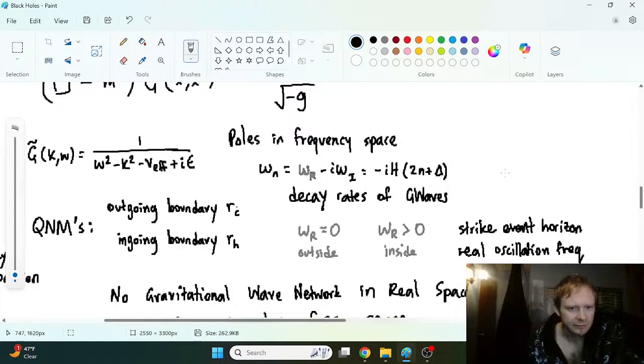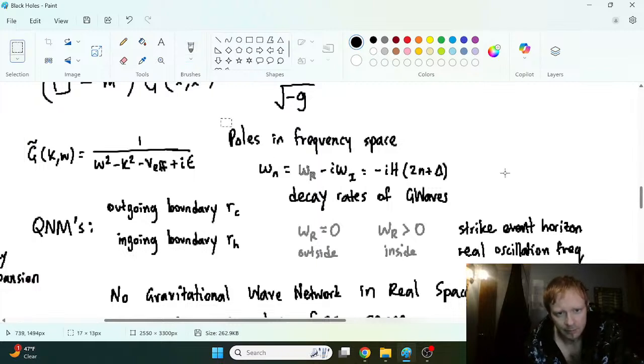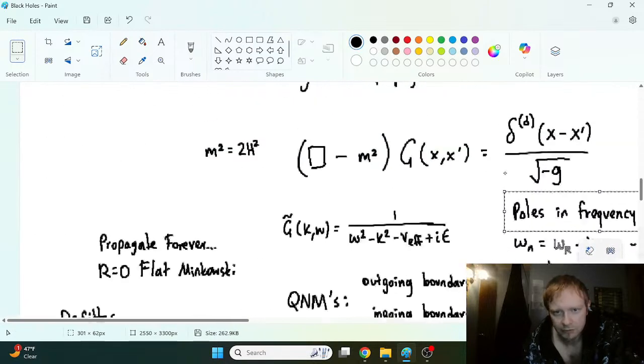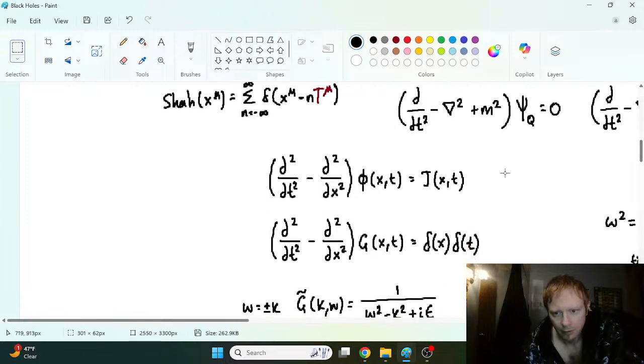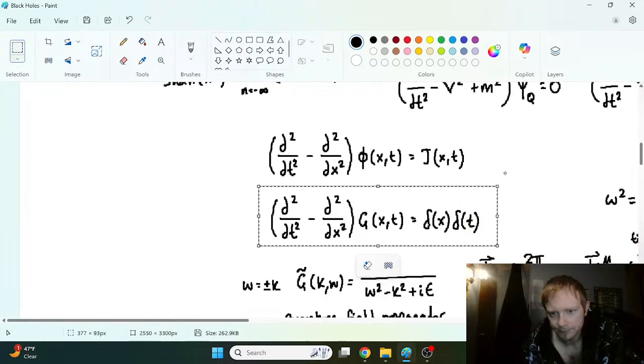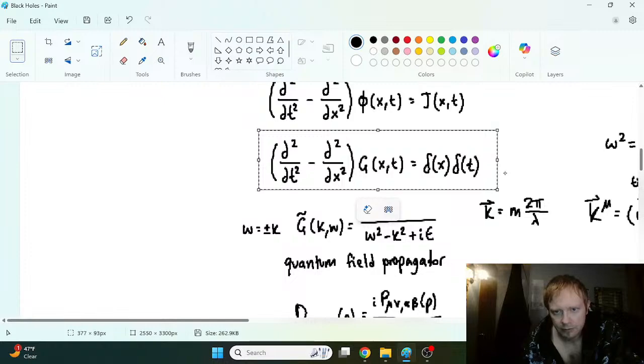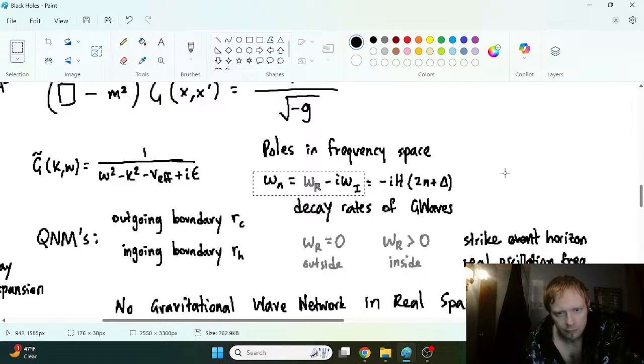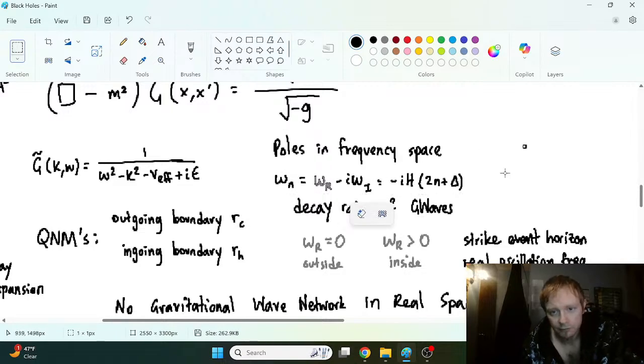So let's realize that at this outgoing boundary, we don't have a real frequency. Remember those poles that were the solutions to the Green's function over here? These poles right here, the delta functions, those are frequencies, the poles in frequency space.